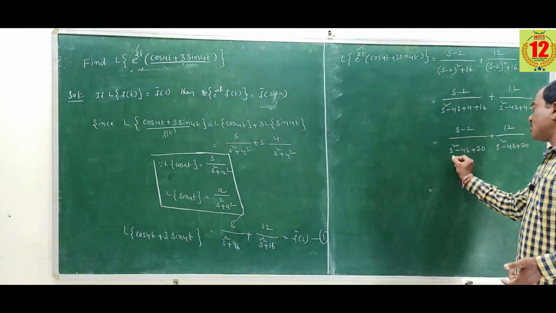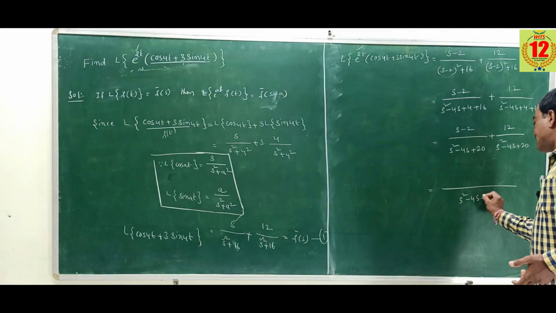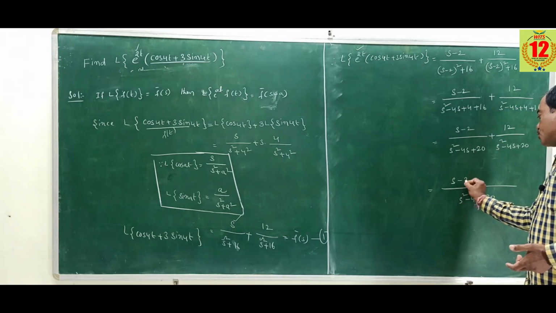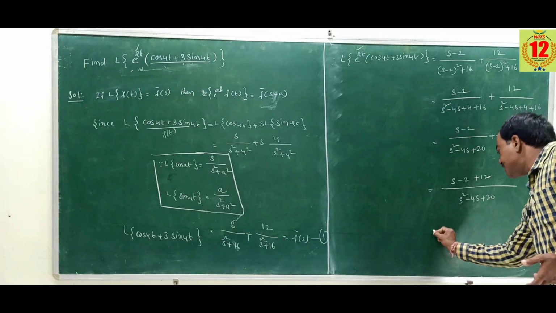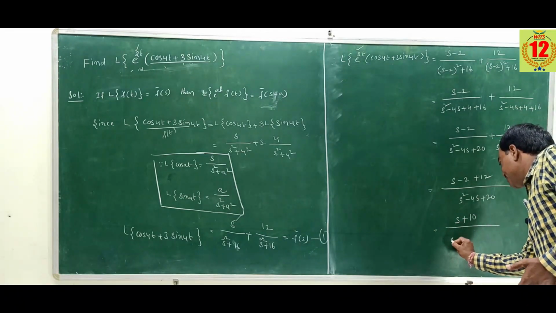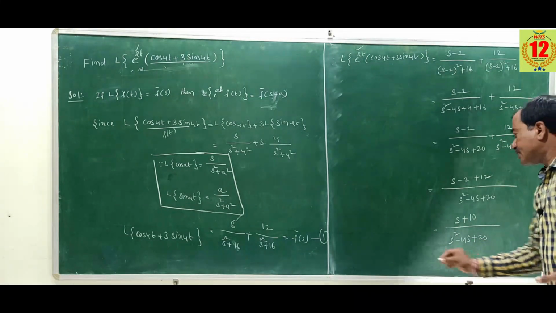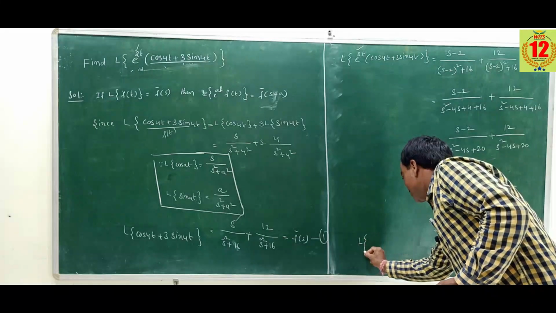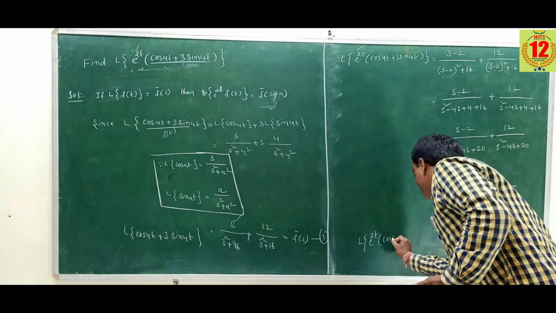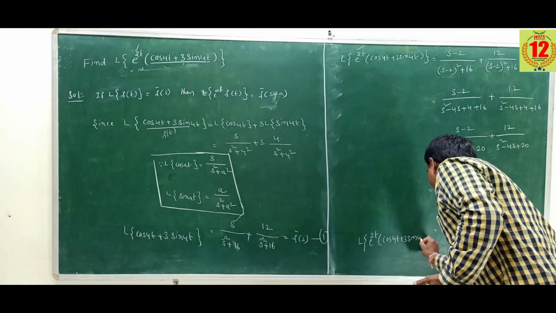The LCM is s square minus 4s plus 20. Then we add the numerators, s minus 2 plus 12, which gives s plus 10 by s square minus 4s plus 20. So this is the Laplace transform of e power 2t of cos 4t plus 3 sin 4t.